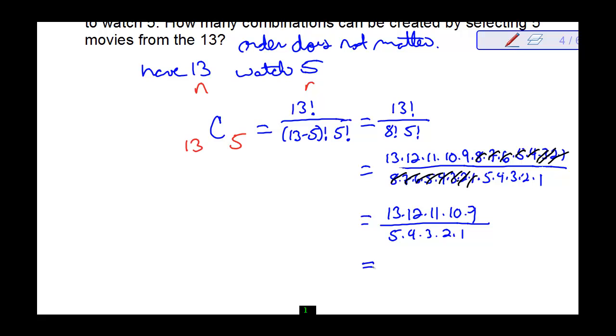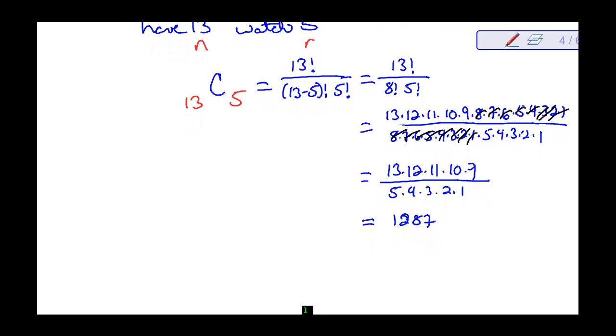When I do this multiplication and then the division, this is going to give me 1,287. So there are 1,287 different ways my sister and I can watch the movies.